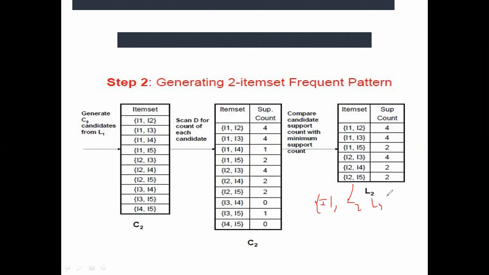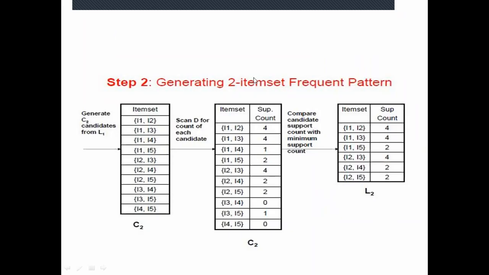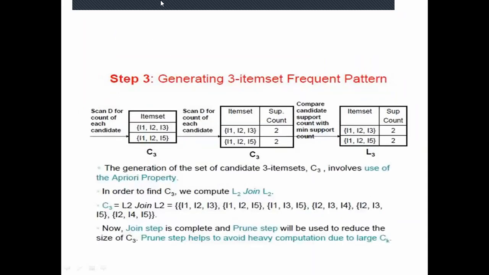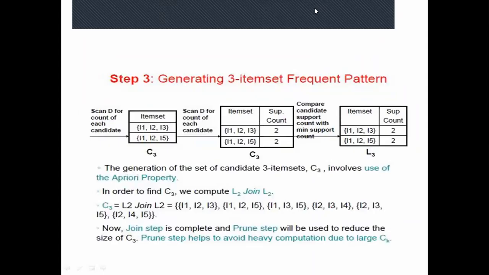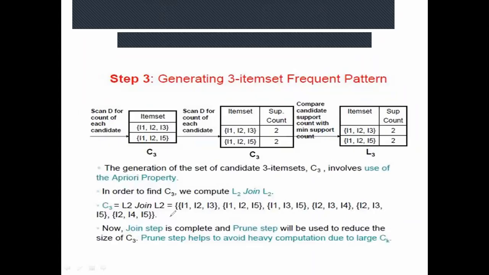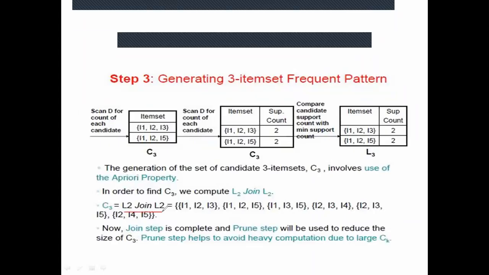So this way you have to generate item sets having three items. Okay. So what are the different item sets that I'm getting? Okay. So this step is very important over here. So when you're taking L2 join L2, you will be getting all these sets. Okay. All these. Okay, but there is one thing that I need to do.